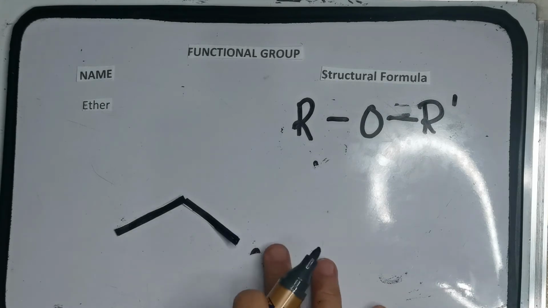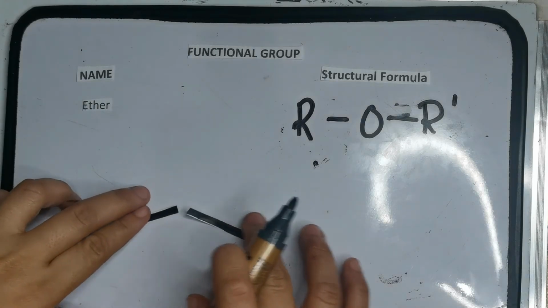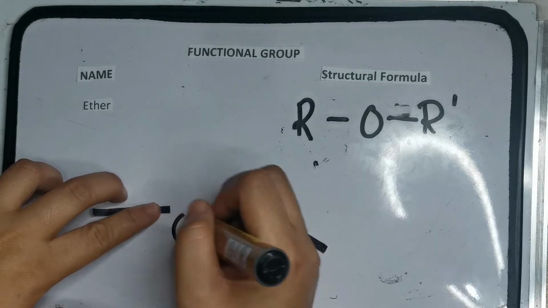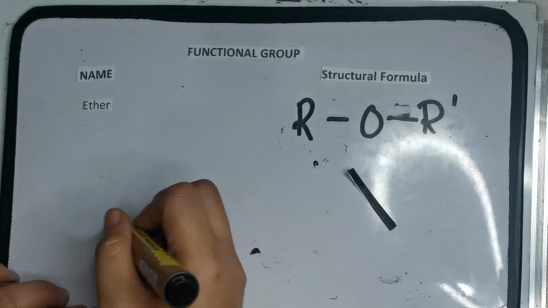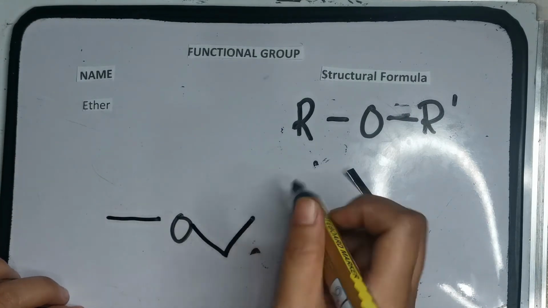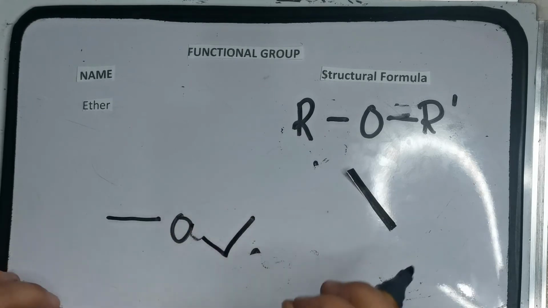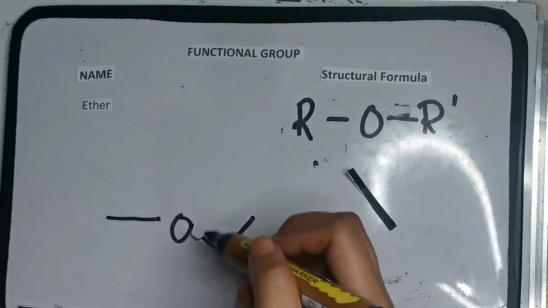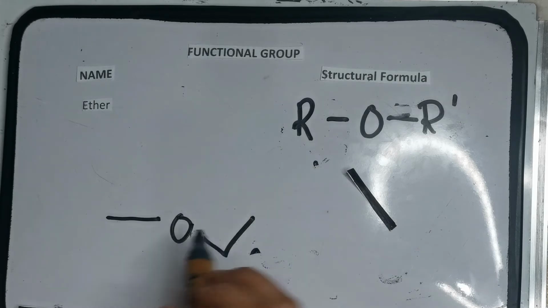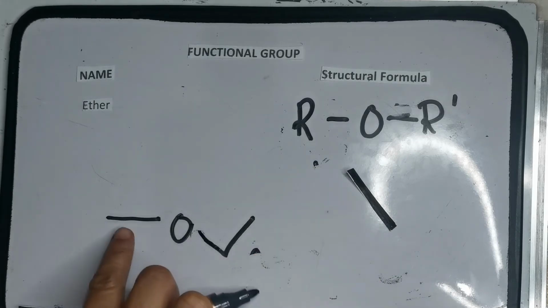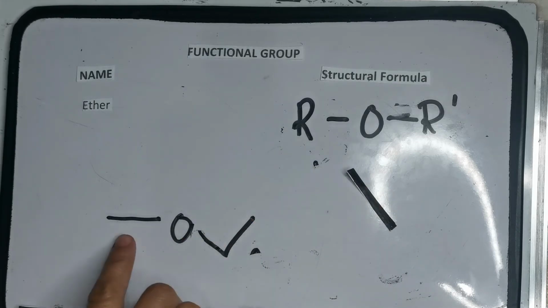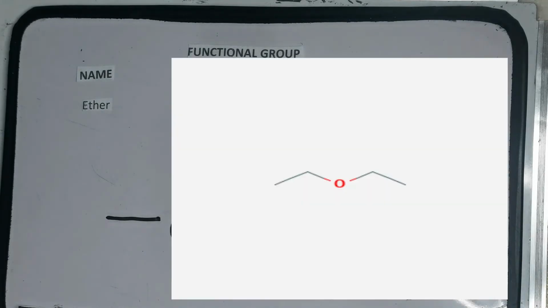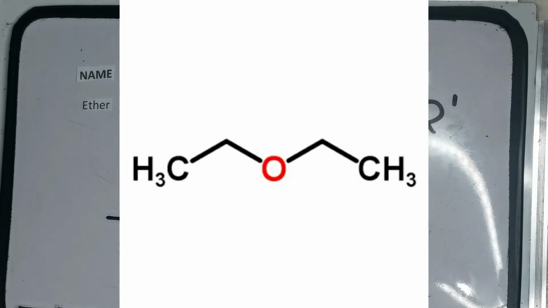Its structure can be like this. That represents an ether group, where the oxygen is flanked by two R groups: R and another R with an apostrophe that represents another group. So that is the structure we will see with an ether group.